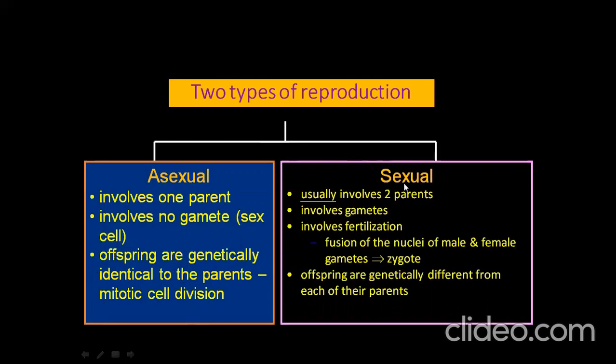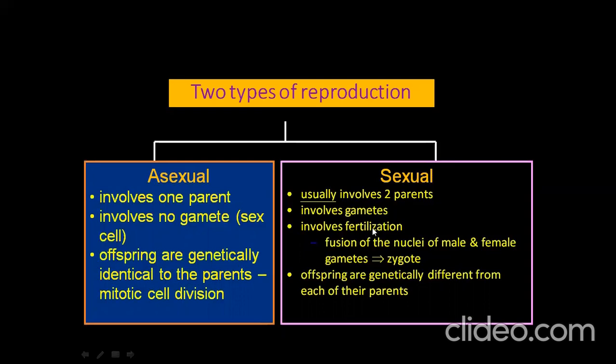While sexual reproduction usually involves two parents. I told you in which case one parent can be involved, like a flower containing both male and female parts. So in that case, maybe one parent, like one plant, may be involved. But remember, it is a must for sexual reproduction that there should be the formation of gametes.